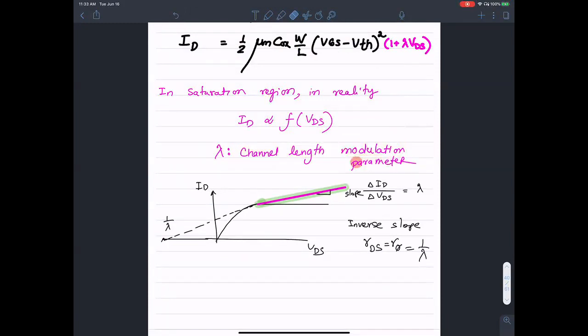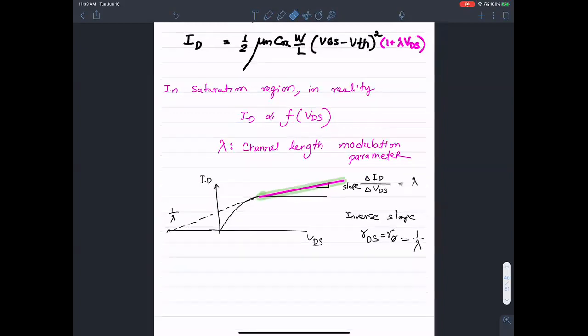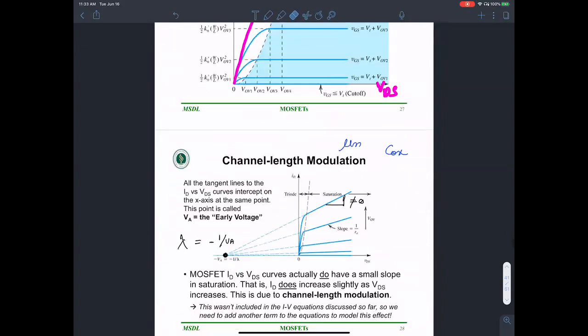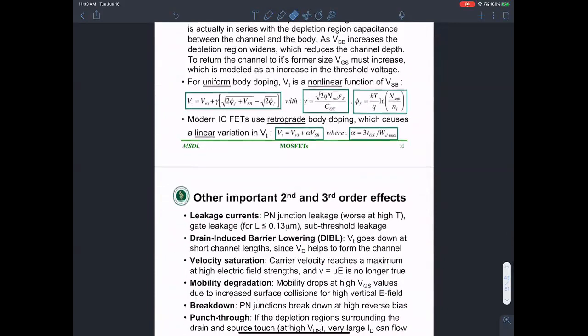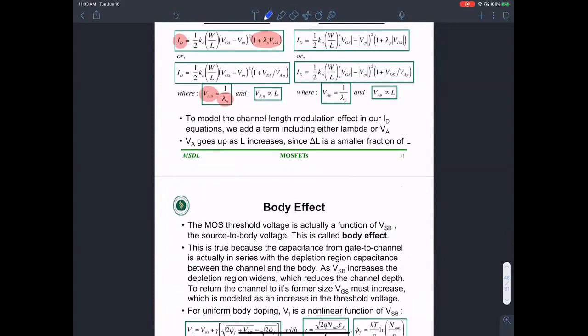So that's the idea of channel length modulation. In the next class, we'll come back to look at some more problems. Maybe we look at the body effect. So far, we have been conveniently ignoring the fourth terminal. I kept drawing the drain, I kept talking about the source and the gate, but for way too long, we ignored the body.